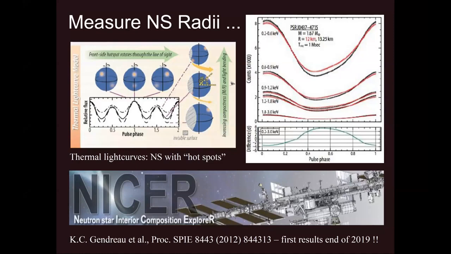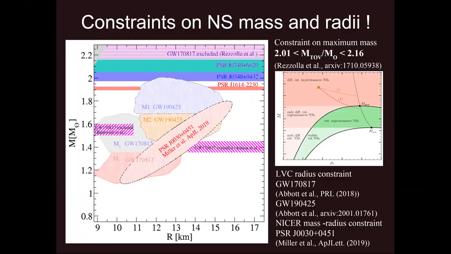And these are mass radius measurements. And here is one of the error ellipses for these correlated mass radius measurements from the Miller publication. There's an alternative publication with a slightly shifted mass radius ellipse, which I didn't show here. Here we have the mass radius constraint from the tidal deformabilities of GW170817, and these two constraints together with the maximum mass of the Cromartie pulsar we will use for our Bayesian analysis of hybrid star equations of state.